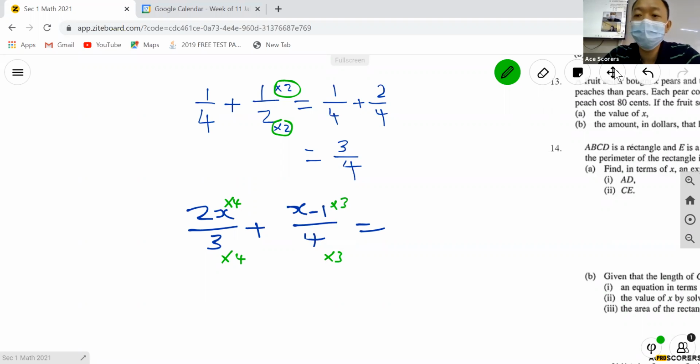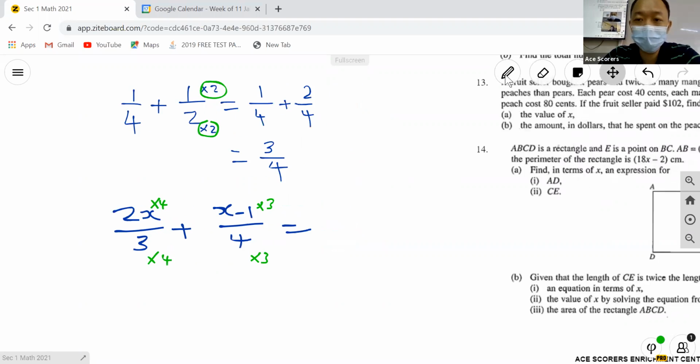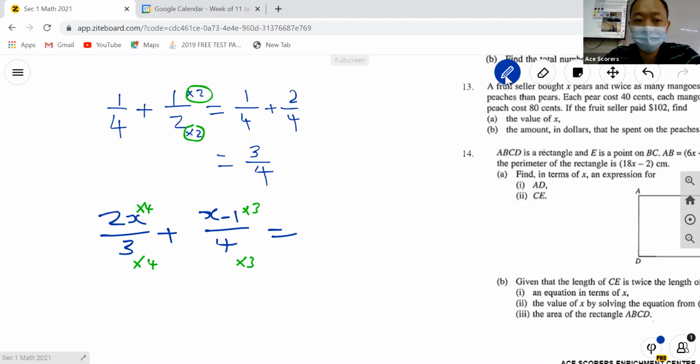Okay? Then our outcome will be, you see, 2x times 4 will end up with 8x, and the denominator, of course, becomes 12. Now here, 3 times x minus 1. We got a rainbow, the 3 must multiply with x, also must multiply with 1. So we end up with 3x take away 3 over 12.